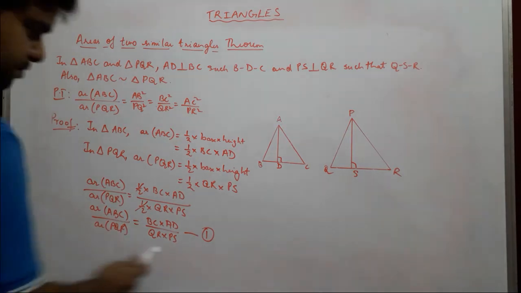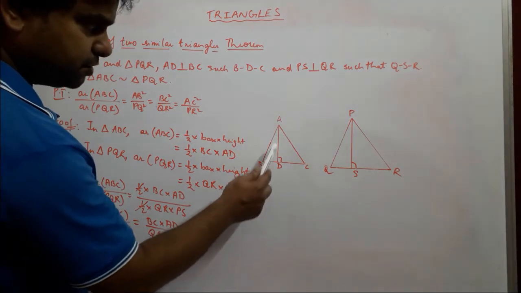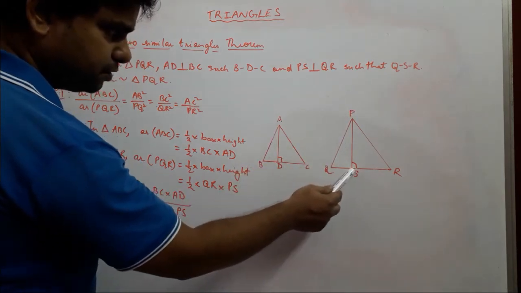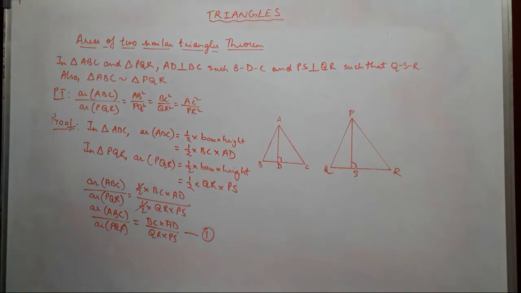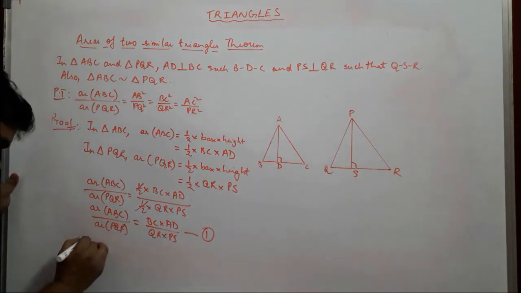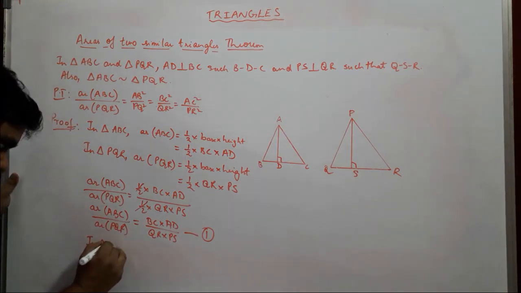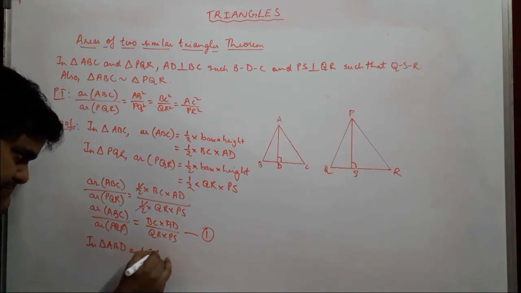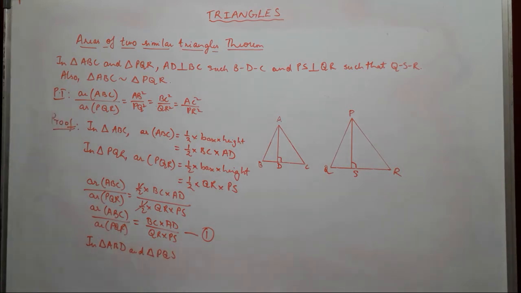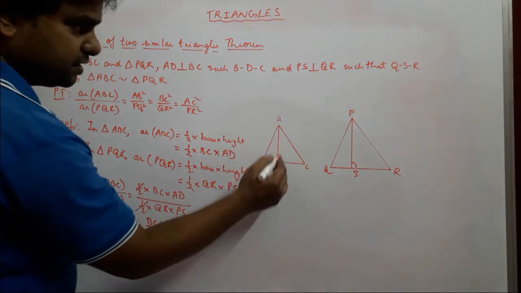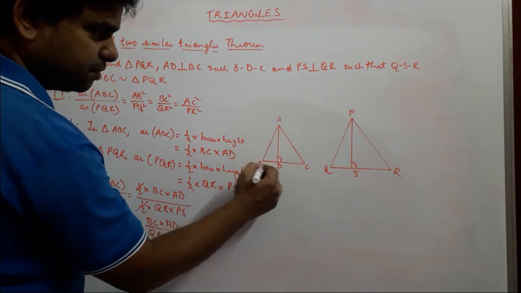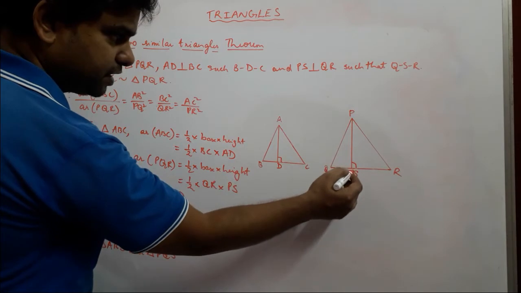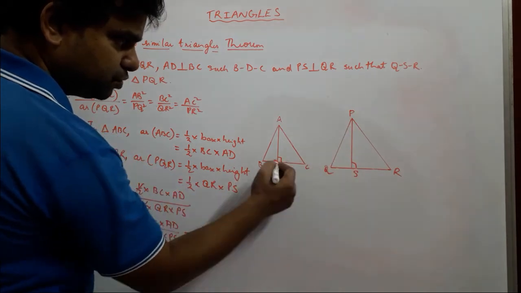Our next step, once we've got this, is to prove triangle ABD similar to triangle PQS. So let's see how we can do that. In triangle ABD and triangle PQS, we see that AD is perpendicular to BC, hence angle ADB will be equal to angle PSQ, because both are right angled triangles.